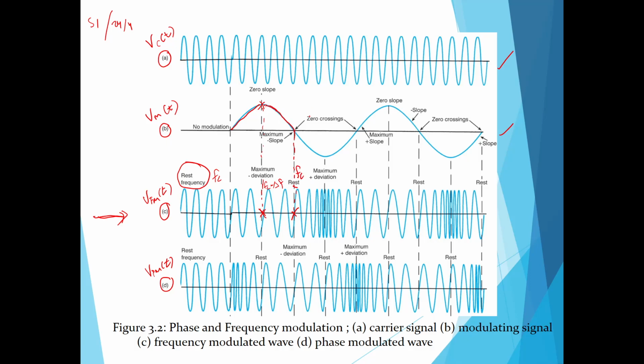Okay, and then the VMT moves towards negative peak amplitude. So what happened to the carrier? It will have the maximum positive deviation. And you see that the ripples are very close to one another.